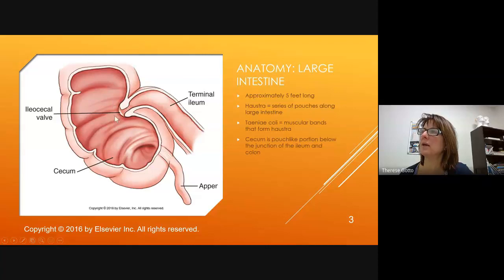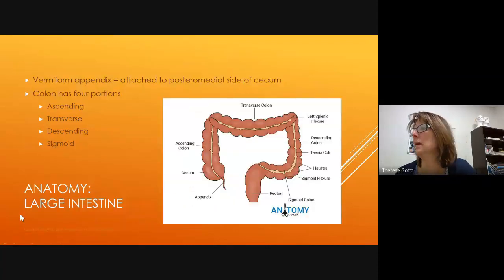And this is the valve where they meet. The vermiform appendix is attached to the posterior medial side of the cecum. So posterior, behind, and medial side of the cecum is where the appendix will hang off. So the cecum is the first part of the colon. Then we have the colon, then the rectum and then the anus.